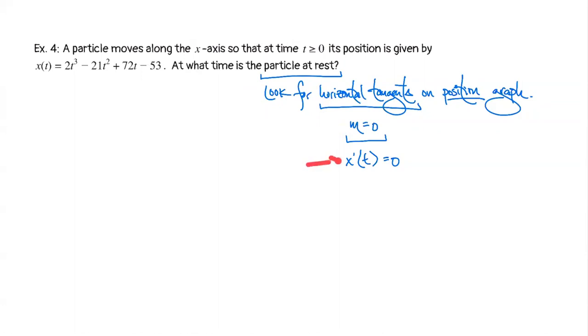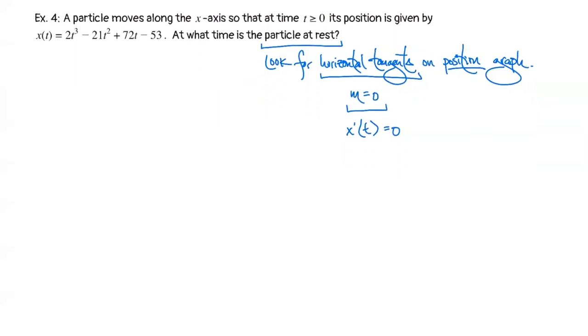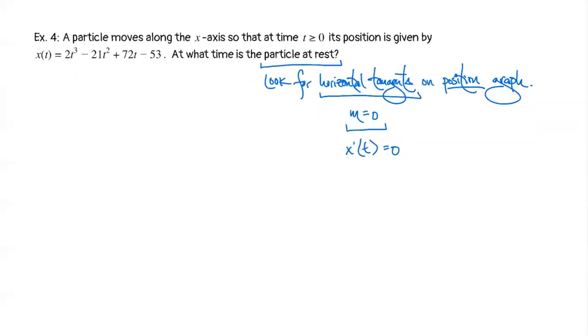And algebraically, that's the same as saying, find that first derivative, set it equal to 0. Okay. And so if we were to translate this into steps for us to think about, our first step might be find x prime of t.